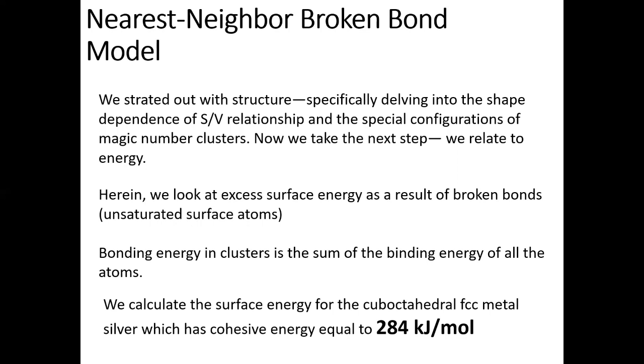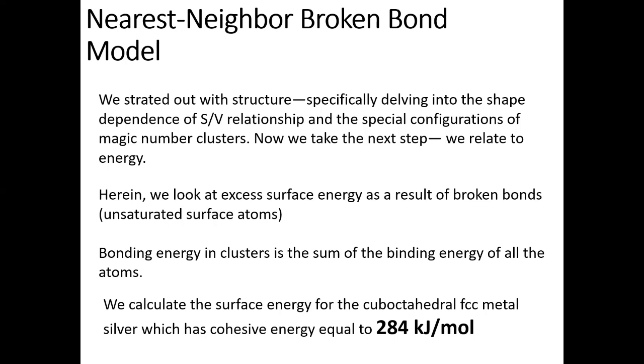Okay, so here, let's look at the broken bond model. And you already had a little introduction to that. We started with a structure, surface to volume ratio. We understand special configurations and magic numbers relate now to energy. Here we look at excess surface energy as a result of broken bonds.